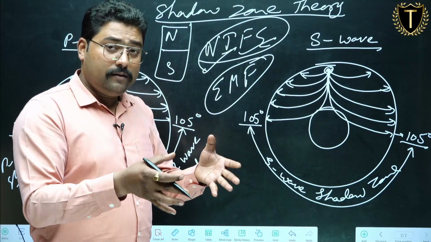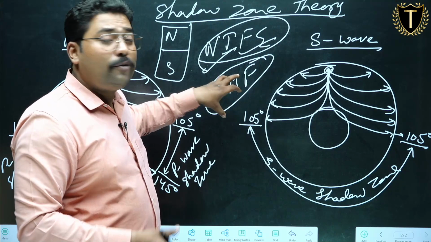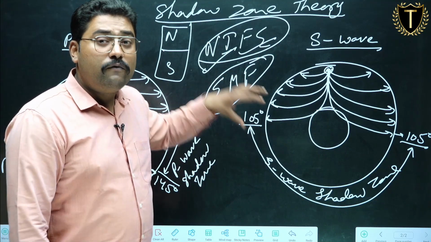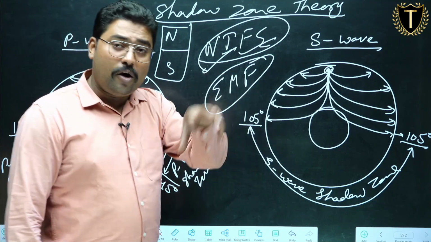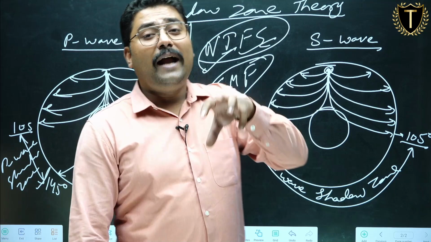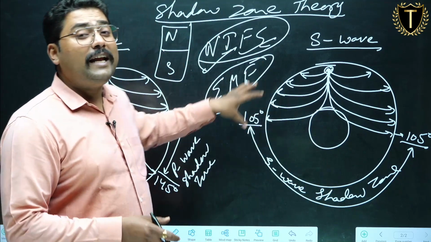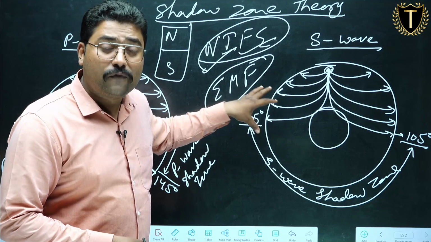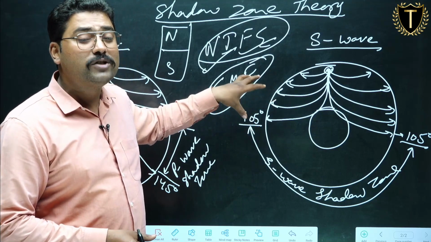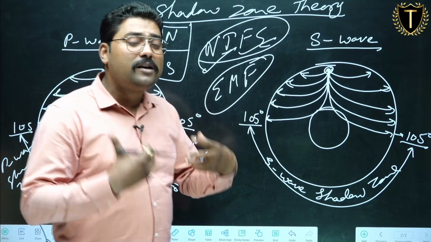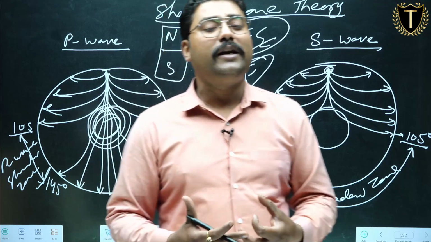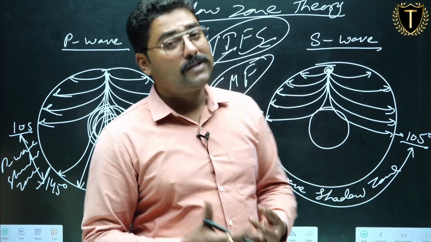On the other hand, we use this electromagnetic field in radar communication activities, and most importantly, it creates a magnetosphere, a magnetic field outside the Earth, which protects us from the harmful solar radiation coming from the sun.